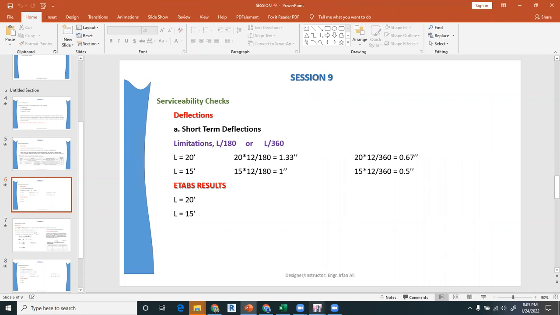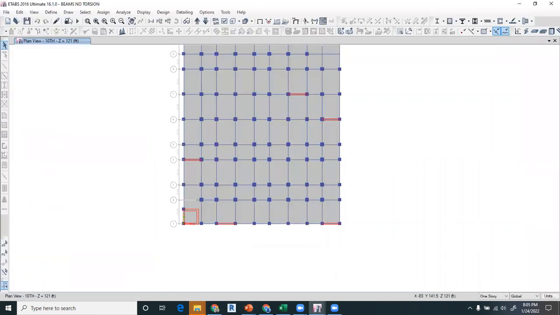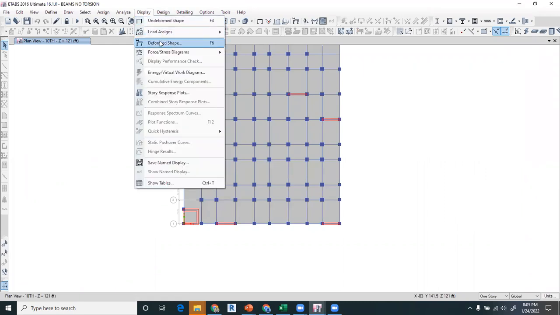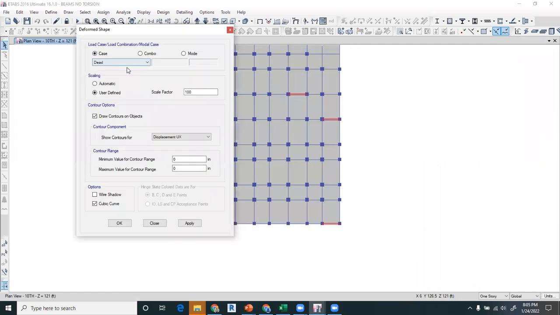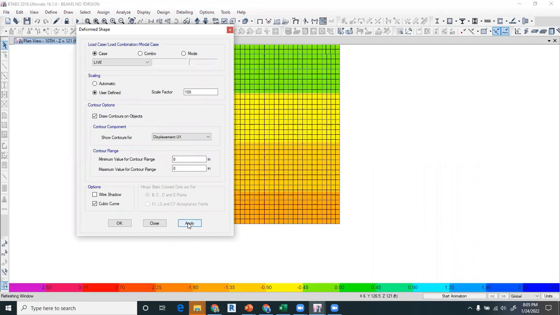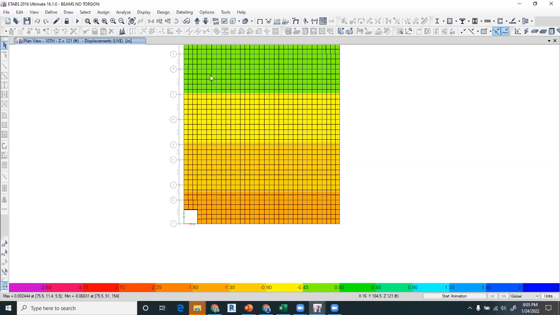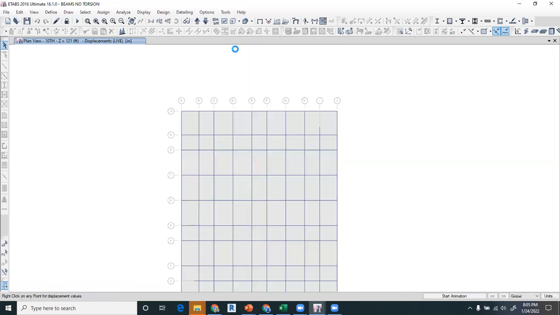So let us go to the ETABS and go to Display, Deformed Shape, and select the live load only, because these limitations are only for the live load. And click on Apply. Right, so let us turn off these floors.